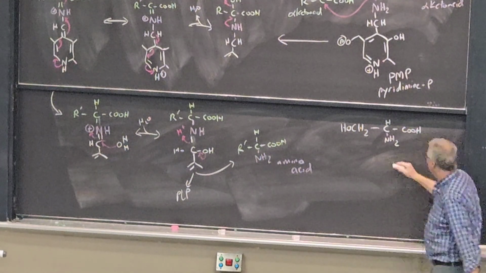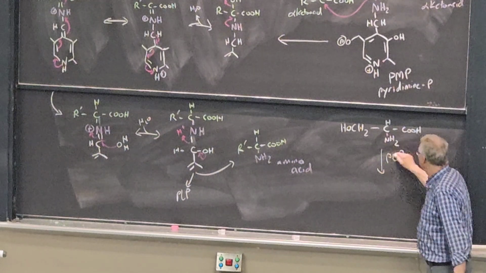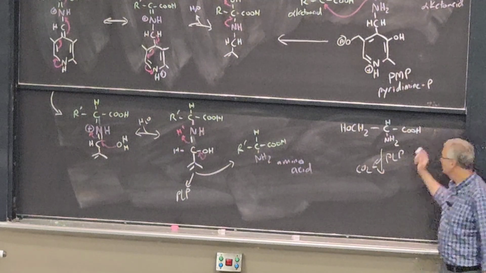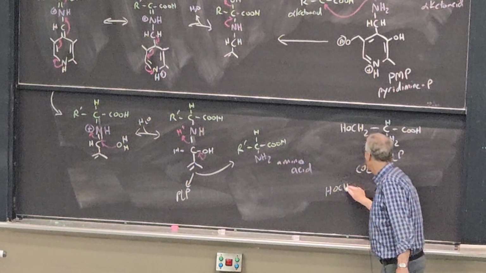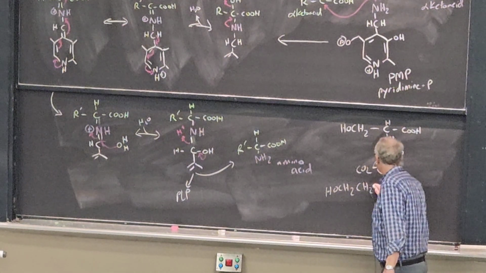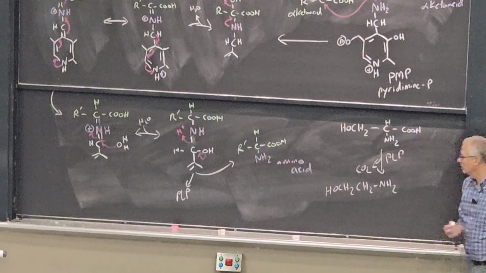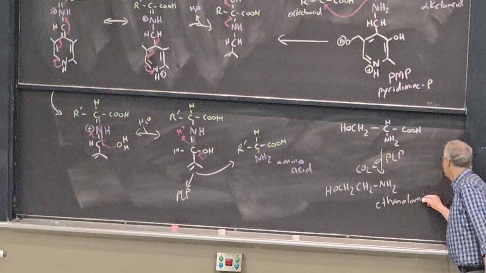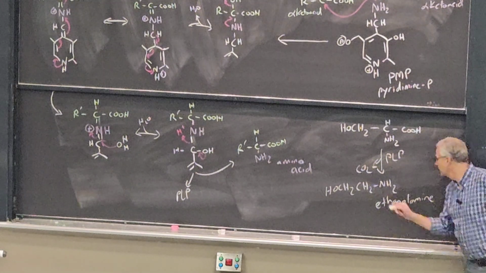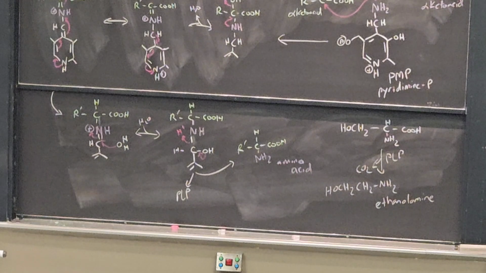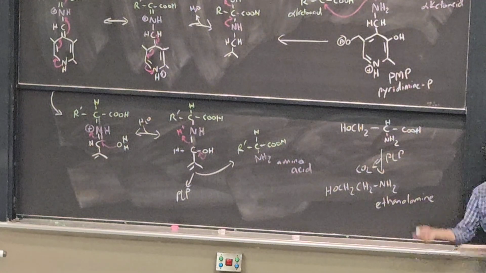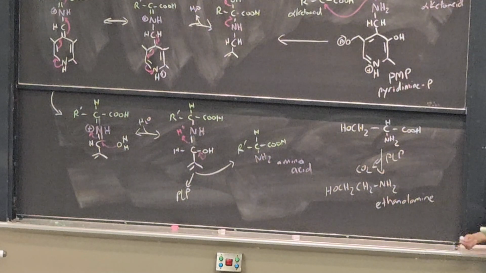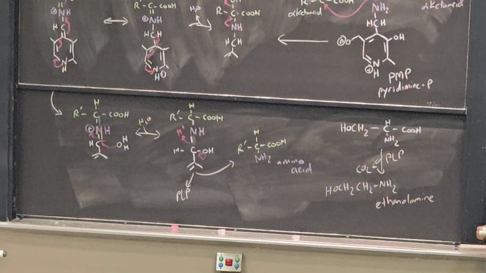You can also use PLP to decarboxylate serine, so take that CO2 off serine, and then this gives you this molecule, which is ethanolamine, which of course is required for phosphatidylethanolamine, an alcohol here that you can now esterify a fat to, or a phosphatidic acid to, and give you phosphatidylethanolamine.